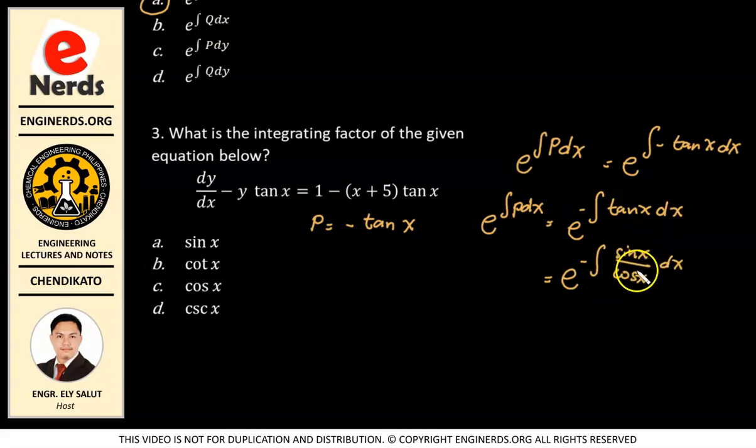If we are going to take the integral, let's take the derivative of cosine x. We know that this is equal to negative sine x, which is our numerator here. We have a negative sign here, and our numerator is sine x. Therefore, we will have e raised to the ln of cosine x.